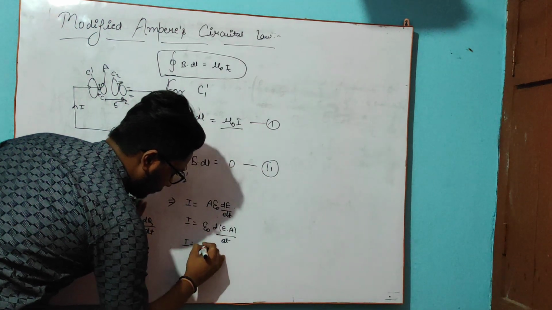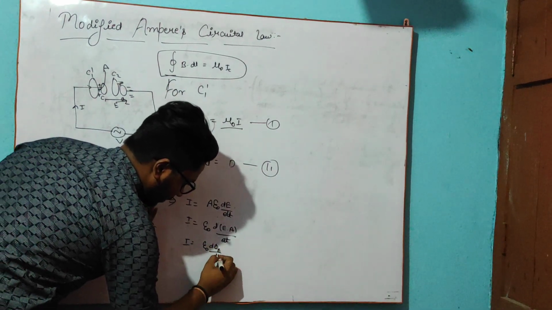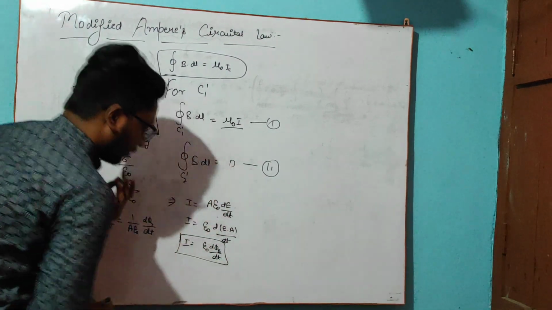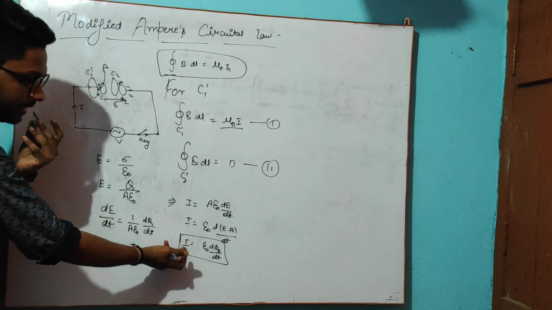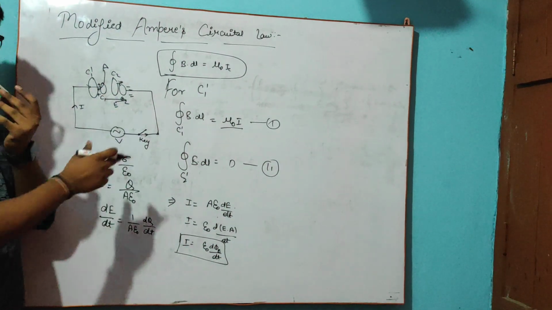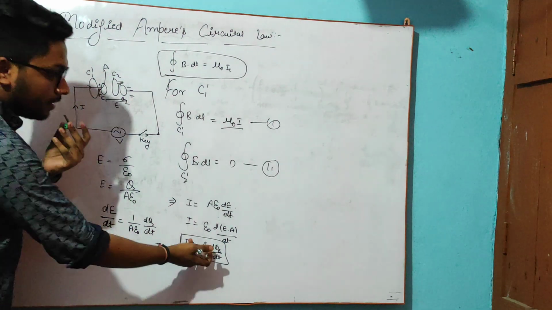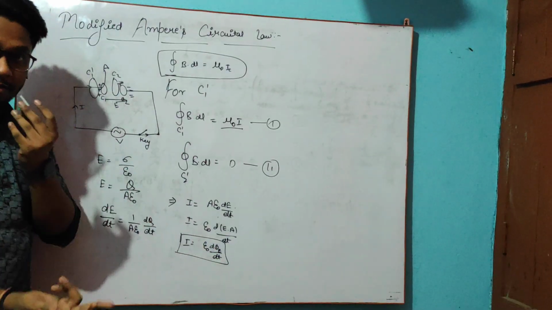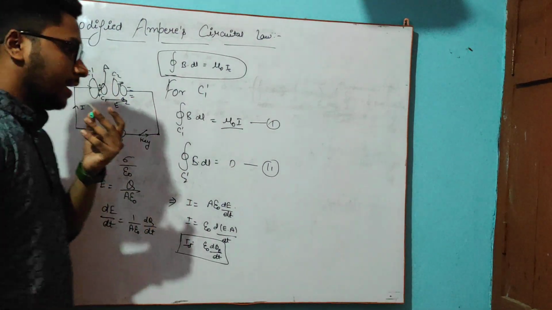So I is equal to epsilon naught d phi E upon dt, where phi E is the electric flux. What does it tell? That a current is produced in between this capacitor plate, and the reason behind it is the change in this electric flux, and we call it a displacement current ID.